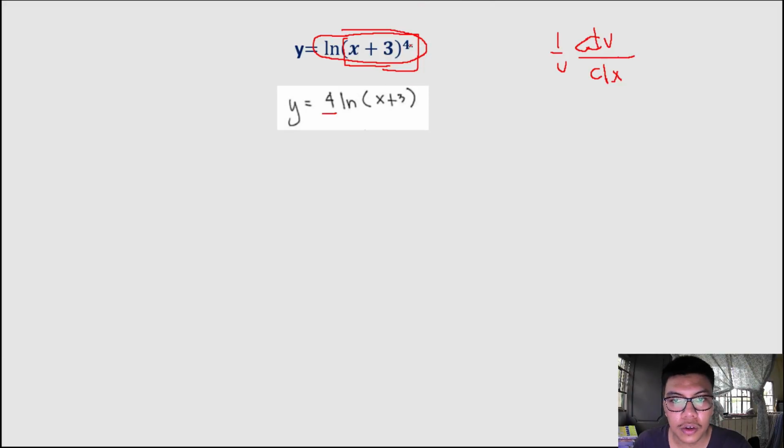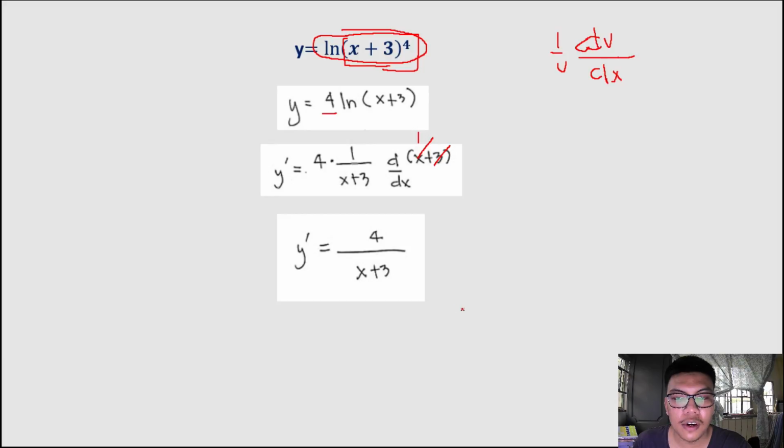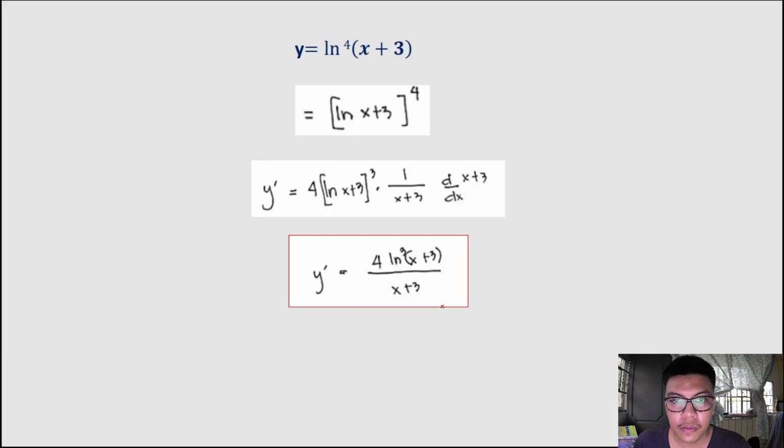I-multiply lang natin. So, ayun, yung 4 ibinaba, so 4 times ln x plus 3. So, now we can get the derivative. So, y is equal to 4 times, so derivative ng ln, 1 over x plus 3 times derivative ng x plus 3. So, yung 3 cancel na, and yung x magiging 1, di ba? So, we have 4 over x plus 3.